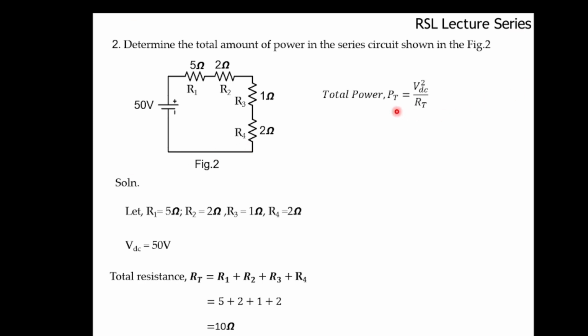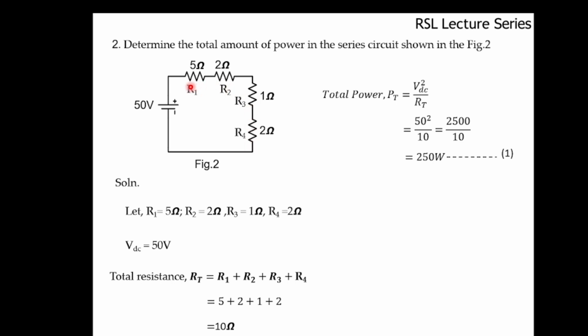Now the total power is given by VDC square divided by RT. VDC square is 50 square divided by 10, so 2500 divided by 10 is 250 watts. Let this be equation number 1. This is the required power, but as I said, in a series circuit the power divides up.